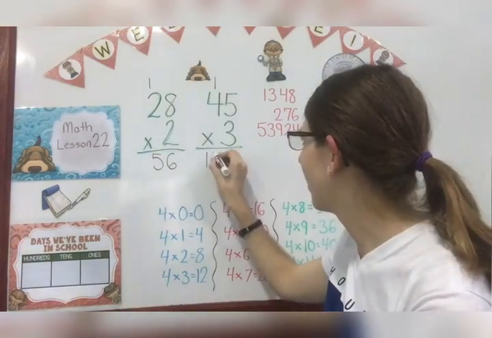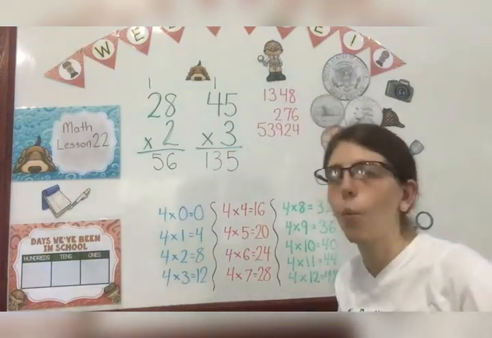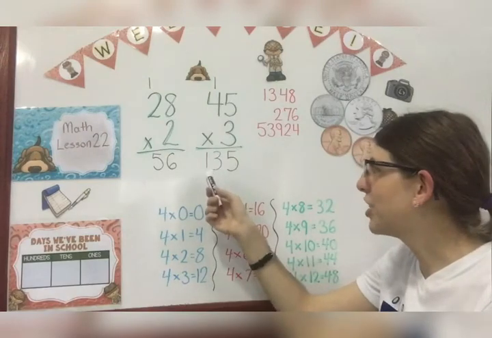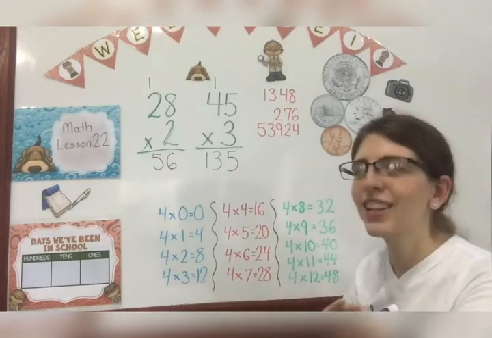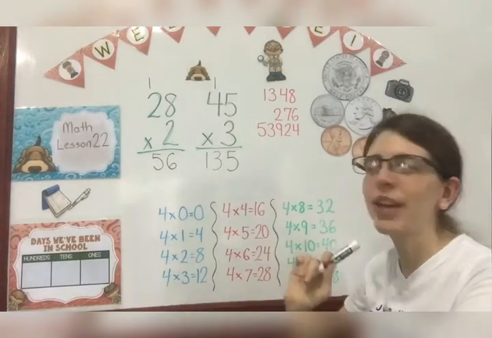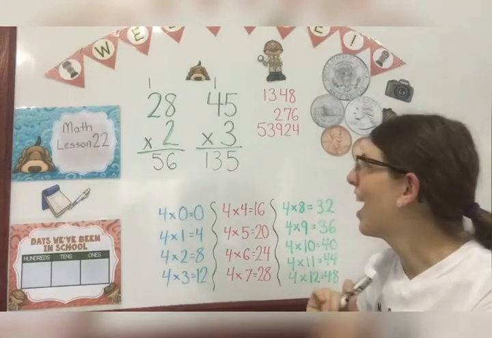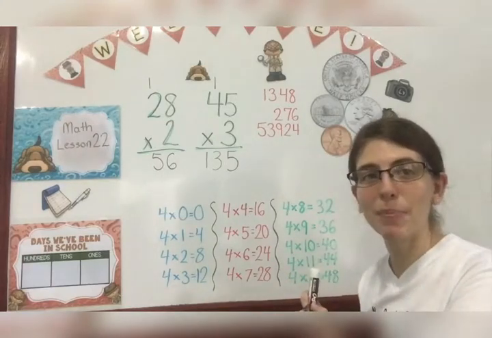Very good. And just like with addition, when you get to the end and you have 2 digits, you write them both. You add the number that you carried to the answer after you multiplied. Okay, we'll keep practicing that on your paper today.